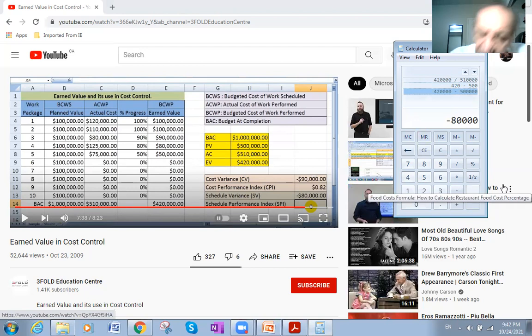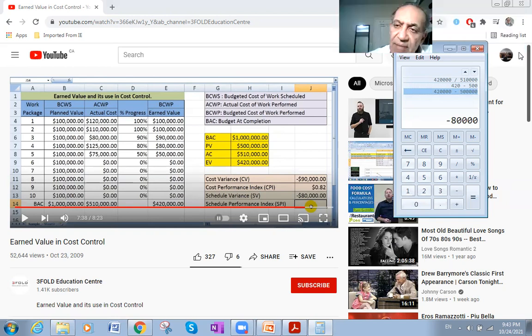Notice the minus always shows a poor performance.